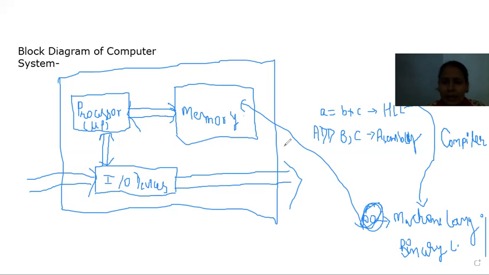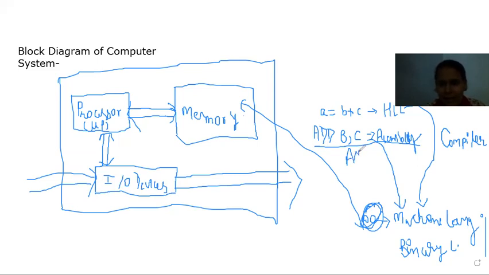Next, when we write the program in the assembly language, to convert a program which is written in the assembly language into the machine language, we will use assembler. What we will use? Assembler.